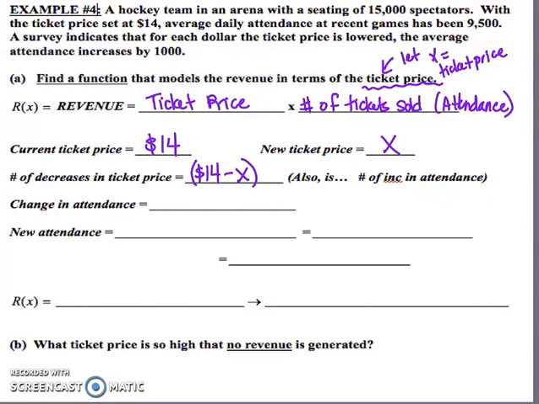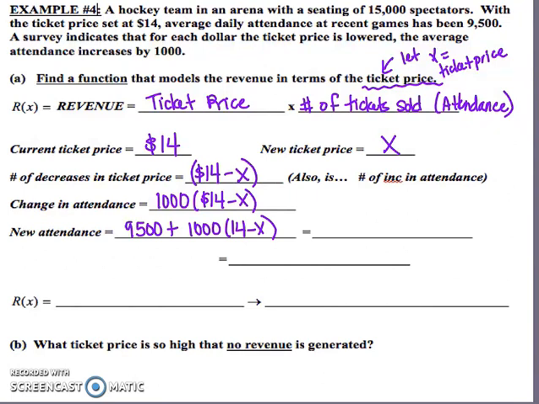So our change in attendance is going to be equal to 1,000 times the number of decreases in the ticket price, which is our $14 minus X. So then our new attendance is going to be equal to our old attendance, which was 9,500, plus our change in attendance, which is the 1,000 times 14 minus X.